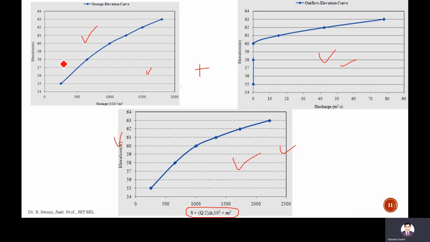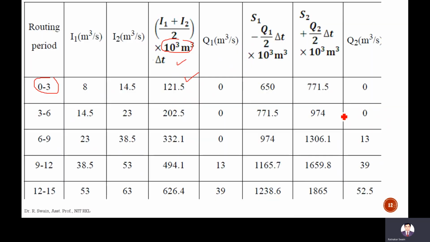So 58 means this value, which is nearly 650, the initial S1. Corresponding to that 58, the Q1 is 0. So now Q1 is 0 and S1 is 650.